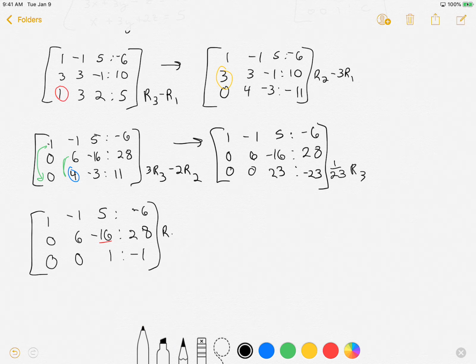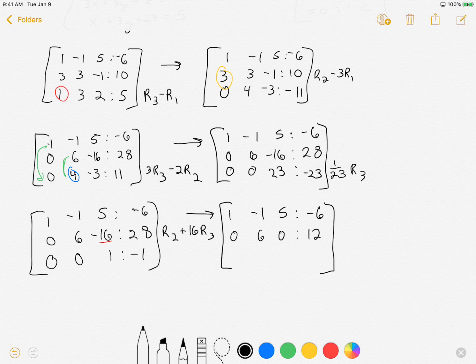So I can do row 2 plus 16 times row 3. Top row I'm not doing anything with. Second row I'm changing. So 0 plus 0 is 0. 6 plus 0 is 6. Negative 16 plus 16 is 0. 28 plus a negative 16 is 12. And the last row stays the same.